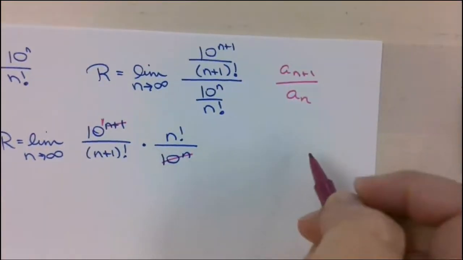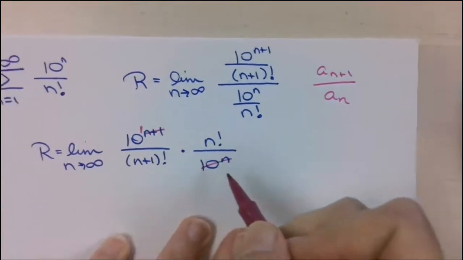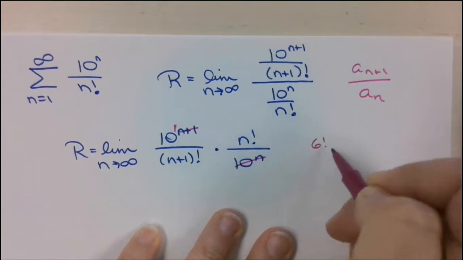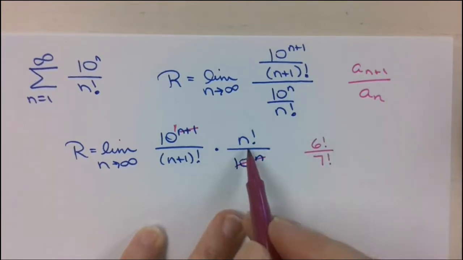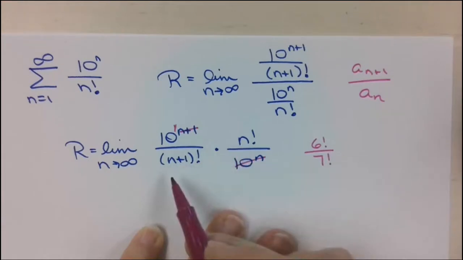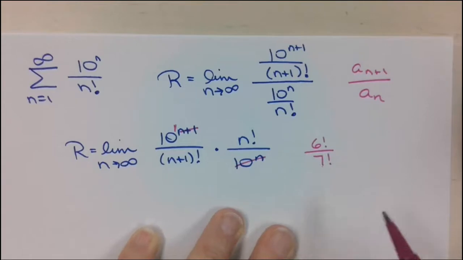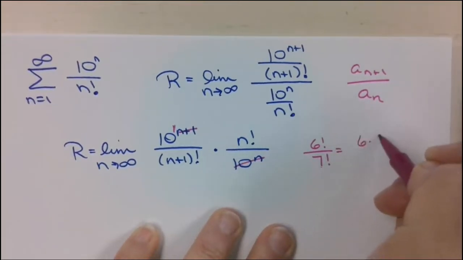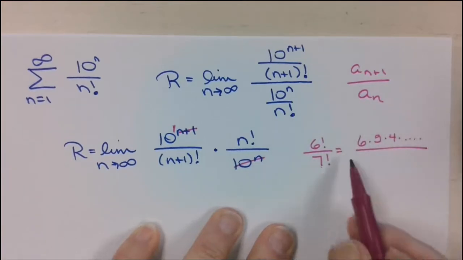And let me just give a little reminder of how to simplify factorials. Let's say that I had 6 factorial over 7 factorial, which is how these two expressions are related. The number in the denominator is just one more than the number in the numerator. So the numerator is going to be 6 times 5 times 4 and on down to 1.